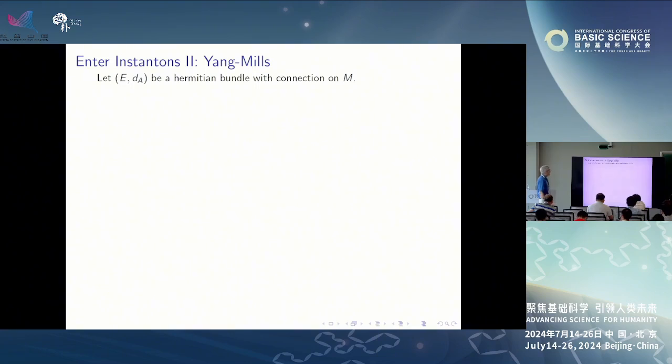So let's now bring in the Yang-Mills instantons. I'll let E be a Hermitian vector bundle, and d_A a metric compatible connection on it. I'll usually not mention the metric. There's just one in the background, and my connections are always metric compatible.